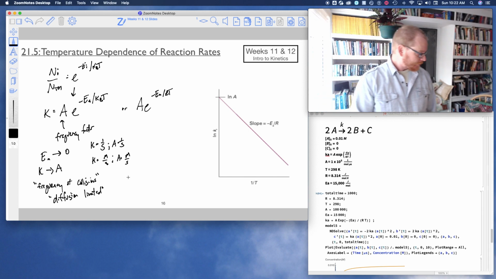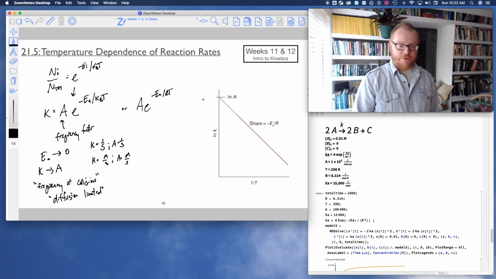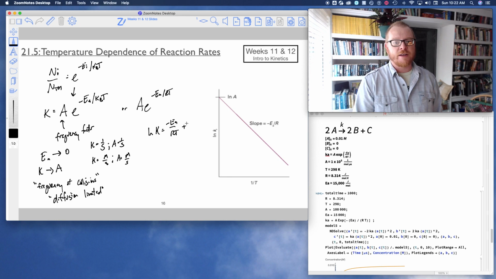All right? And so we also recognize if I rearrange this equation right here, if I take the natural log of both sides, then what I get is the natural log of K equals negative EA divided by RT plus the natural log of A, and that's exactly what I've got right here.